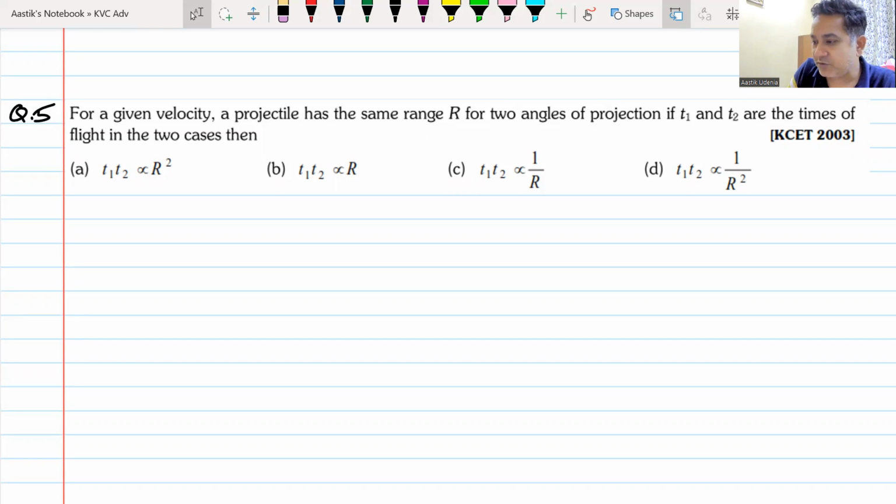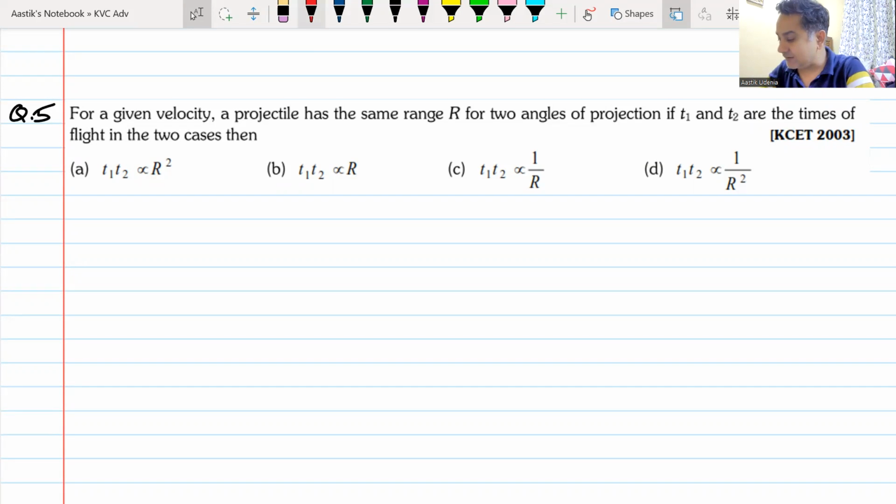T1 T2 is proportional to R. How many of you got the same answer, bacha? Range is same. Yes, my dear friends. Everyone got the same answer? Yes or no? If everyone got the same answer, then that means there must be something good about this.